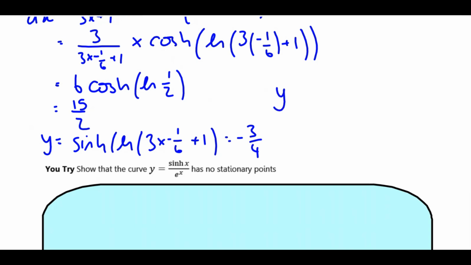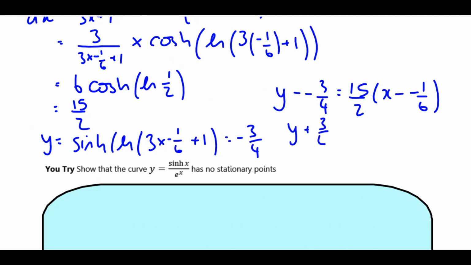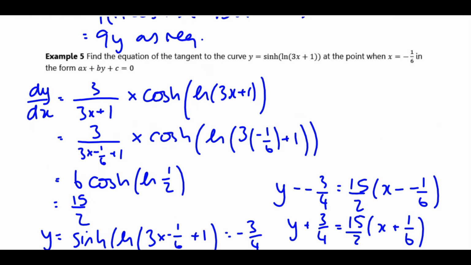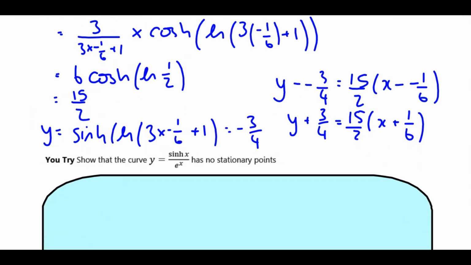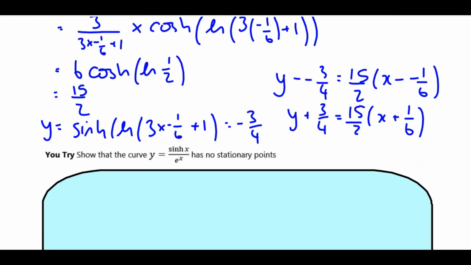So I've got y minus y1 equals m times x minus x1. So y plus 3 over 4 is 15 over 2 times x plus 1/6. It asked for it in the form, and we're going to assume it wants it in terms of integers. So let's expand this out.